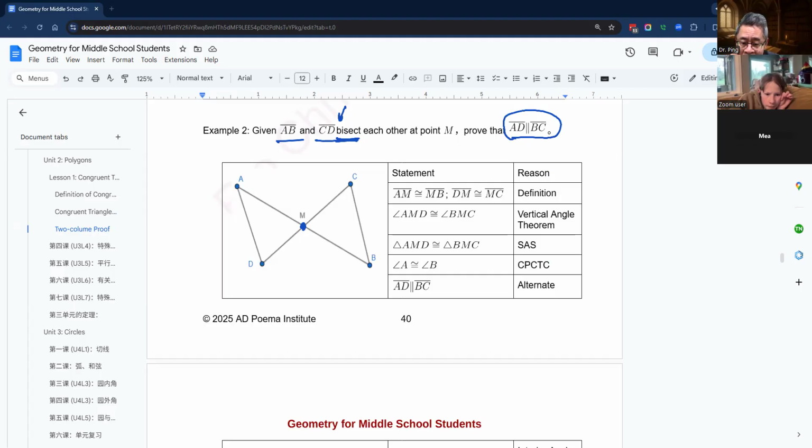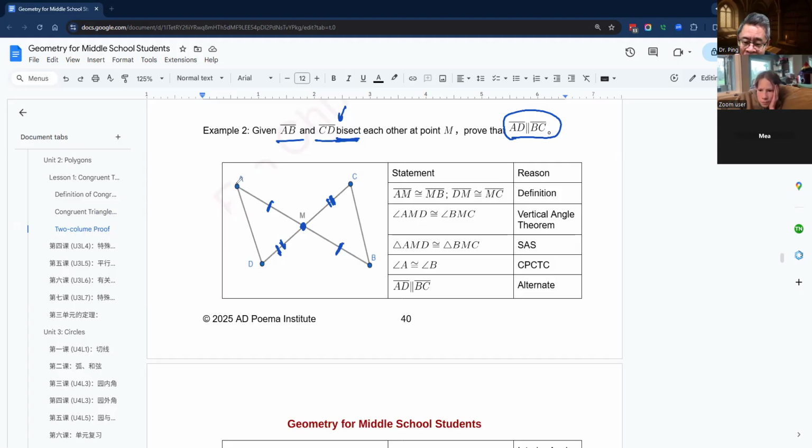Okay. Well, let's see. First of all, we know that AM is equal to MB. Well, that's the definition of bisection. Okay, and also DM is congruent to MC. Well, we use 2 ticks to mean they are congruent, and 1 tick and 2 ticks are different.